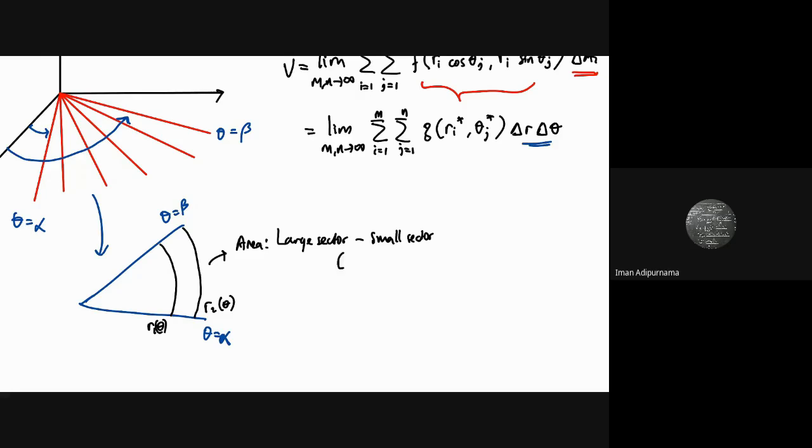So this will be our delta A. And the delta theta is just beta minus alpha. And the area of the sector is half r squared theta.